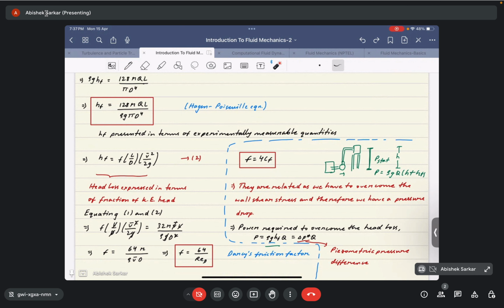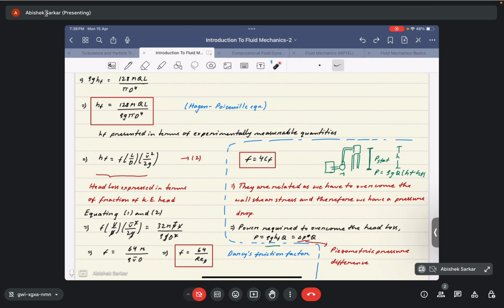Since f is 64 by Re_D and Cf is 16 by Re_D, the basic relation that we get is that the Darcy friction factor is 4 times the Fanning friction factor.